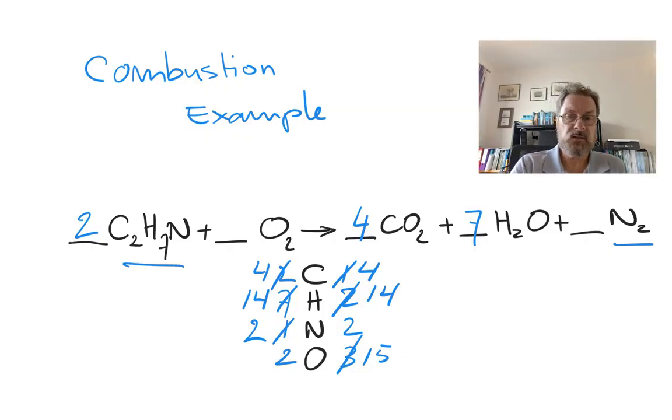15 oxygens, so that's 7.5 O2, right? So if I put in here 7.5 and I put a 1 here, then technically it's done. So then, final step, as shown before, you need to make sure that you end up with your lowest whole number ratio.